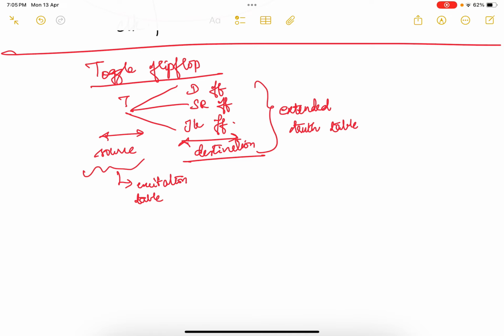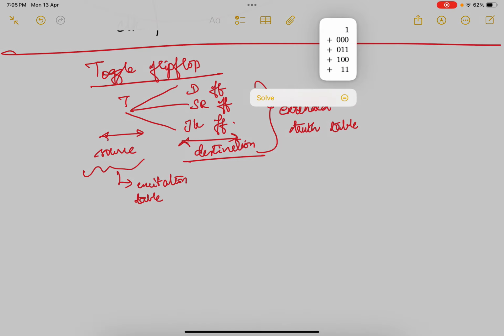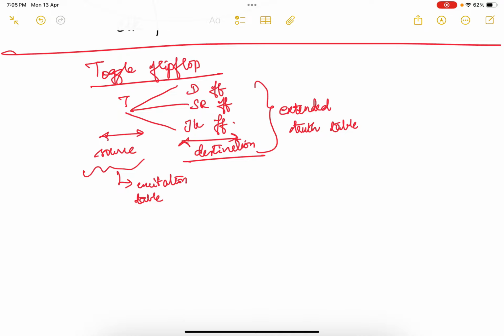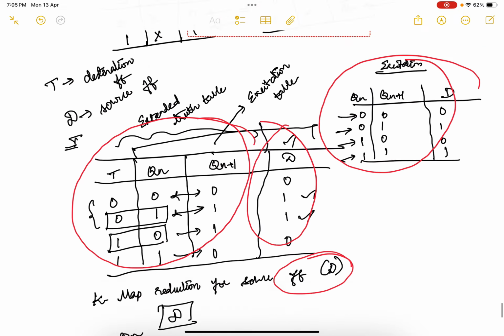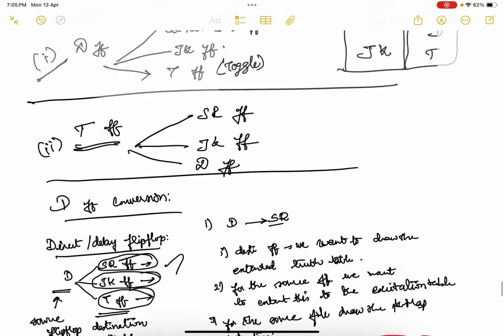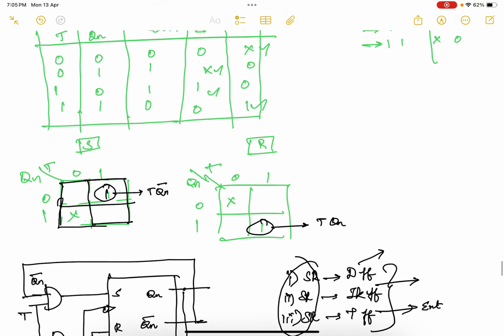We want to know the excitation table for our T flip-flop. When we discussed the generic expressions, we already saw the excitation table for the T flip-flop, so we can recall it.